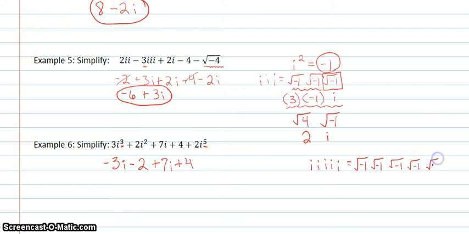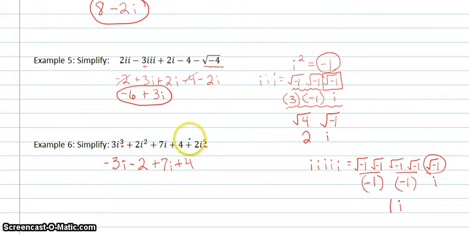So I'm just writing them out so we can kind of get a visual of this. So for each 2 of these, that's a -1. So we have a -1 times a -1, and then we have an i, because we're left with the square root of -1 still. But when I multiply these 2 -1s together, I'll get a +1, and we're left with that i.